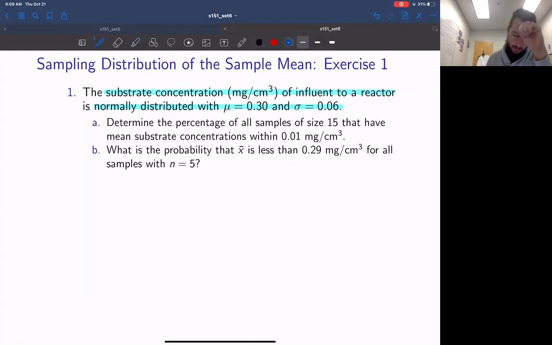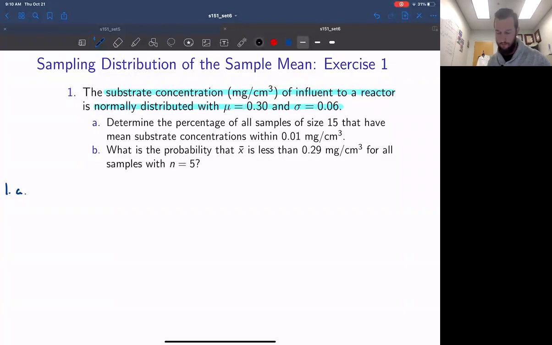In part A, we're being asked to determine the percentage of all samples of size 15 that have mean substrate concentrations within 0.01 milligrams per centimeter cubed. So what is this asking us?